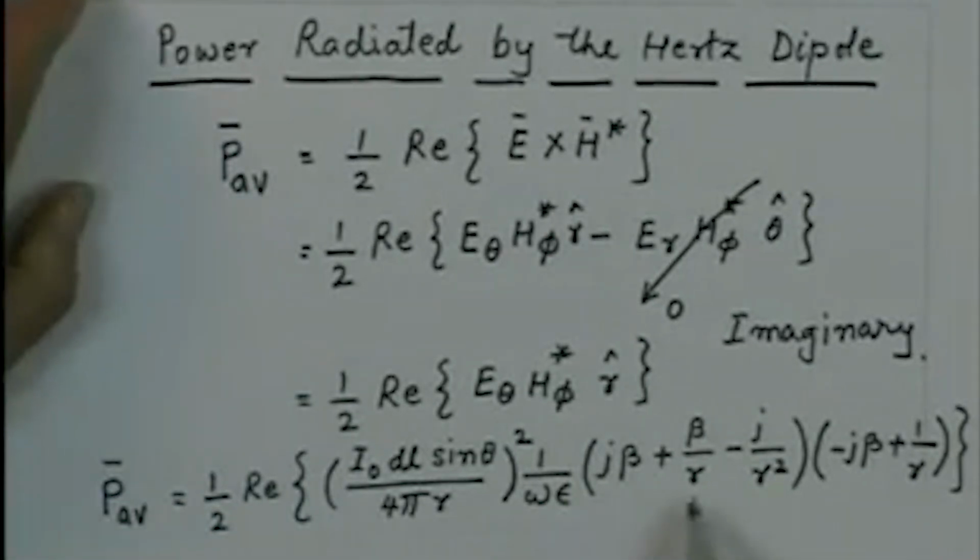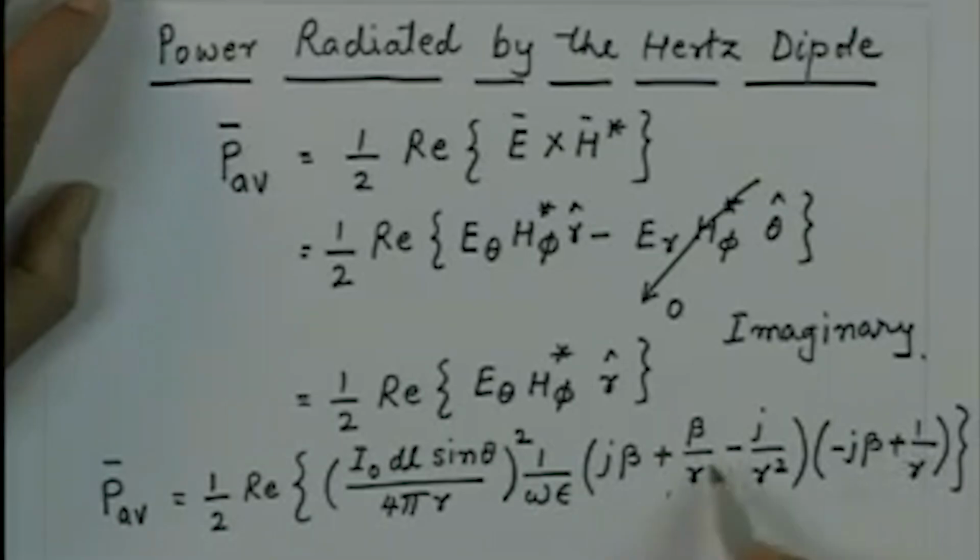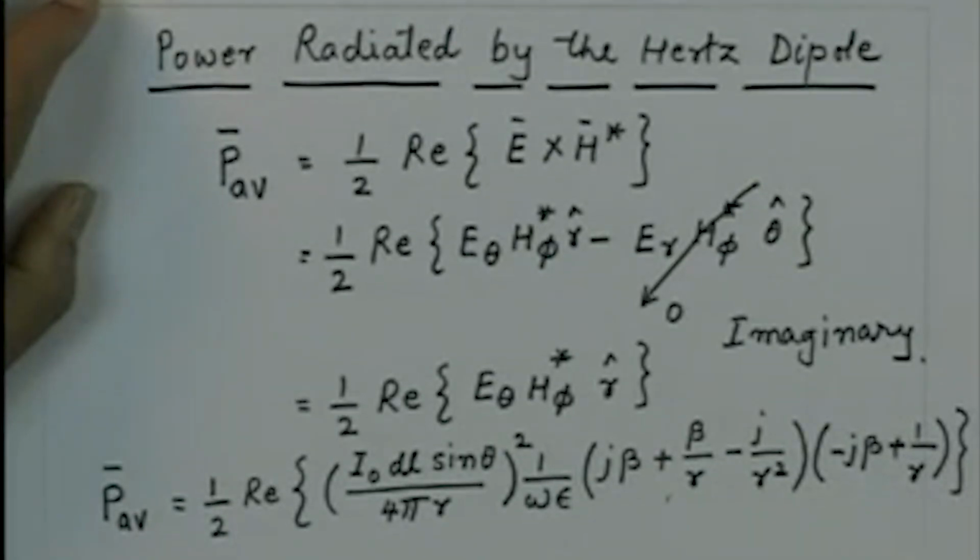Now again if I see the terms, the real terms, many of the terms will cancel out. So only the contribution will come from these terms, which is j beta and this quantity.